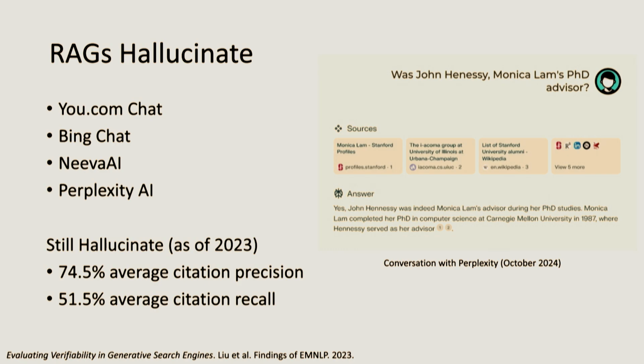My advisor, Monica Lam, brings up John Hennessy a lot, and so I was wondering if he was Monica's advisor. And yeah, Perplexity says yes, even though Monica was at CMU and had nothing to do with Stanford at the time that she was studying for her PhD.